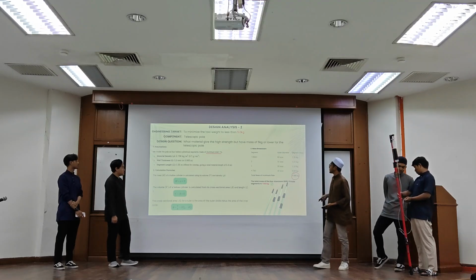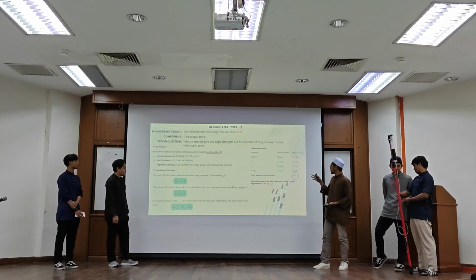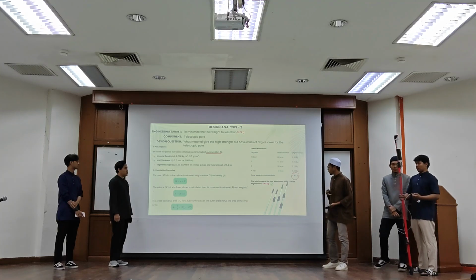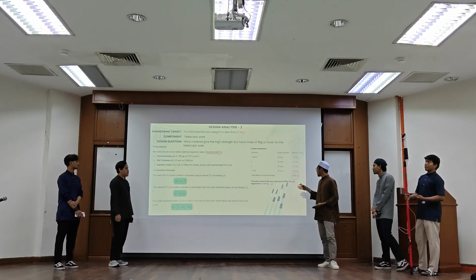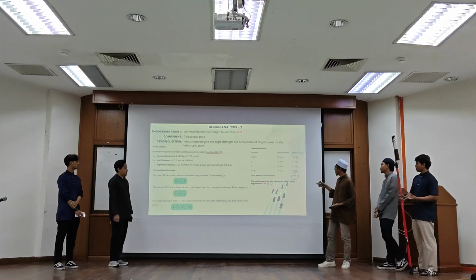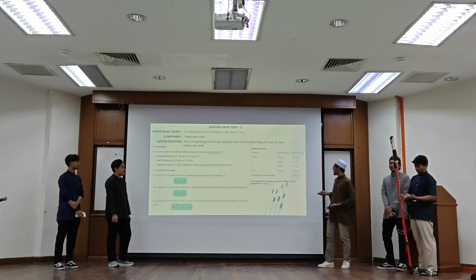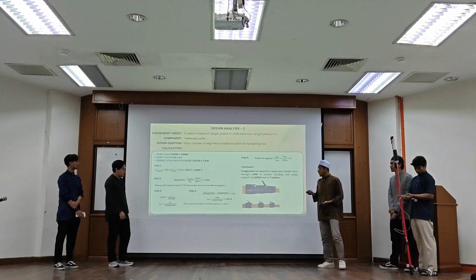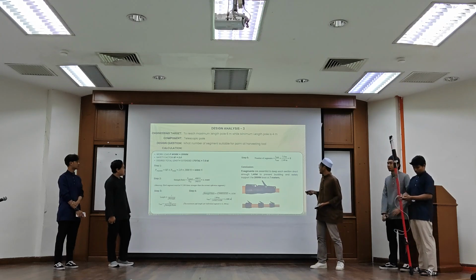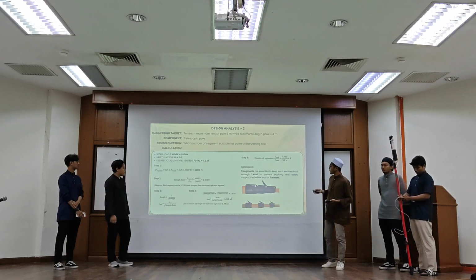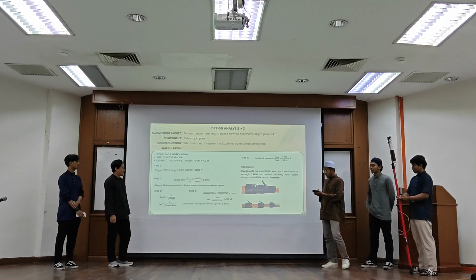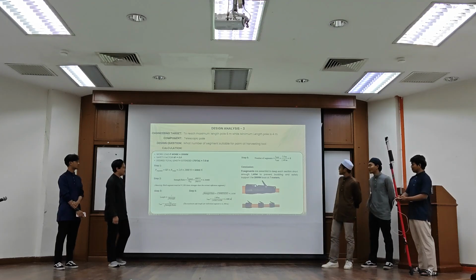For design analysis number two, after the calculation, we found that the material suited for our pole is aluminium 6061 T6, and the total mass of the pole is 4.63 kg. And number three, our pole will have at least 5 segments to reach the 7 meters.